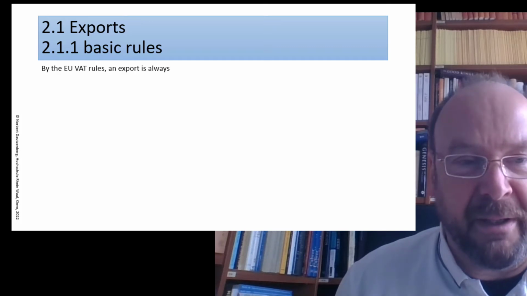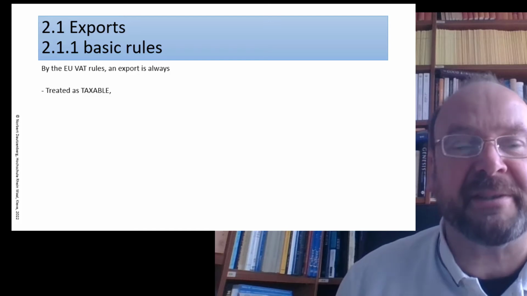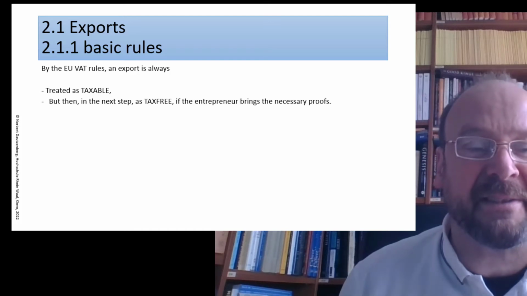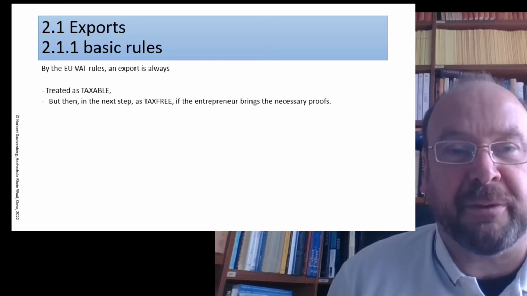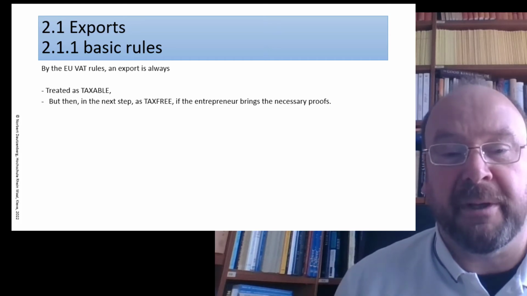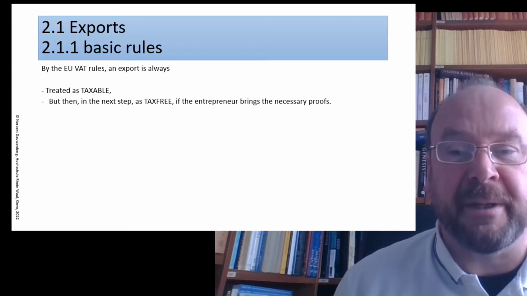By the EU rules, an export is always taxable, and then in the next step it is made tax-free by a tax exemption for exports if the entrepreneur brings the necessary proofs.